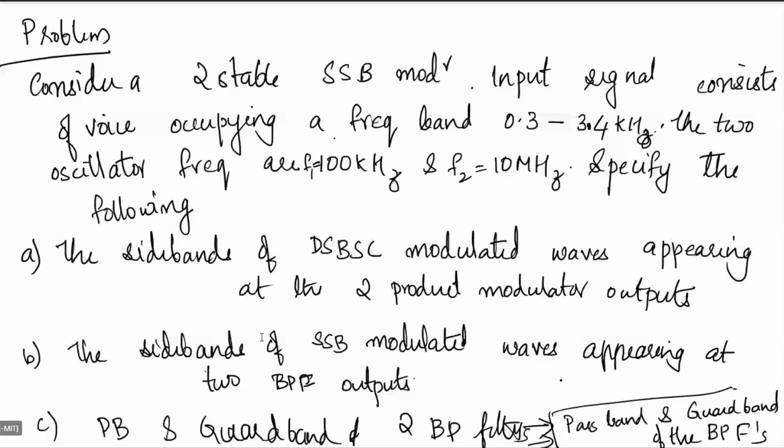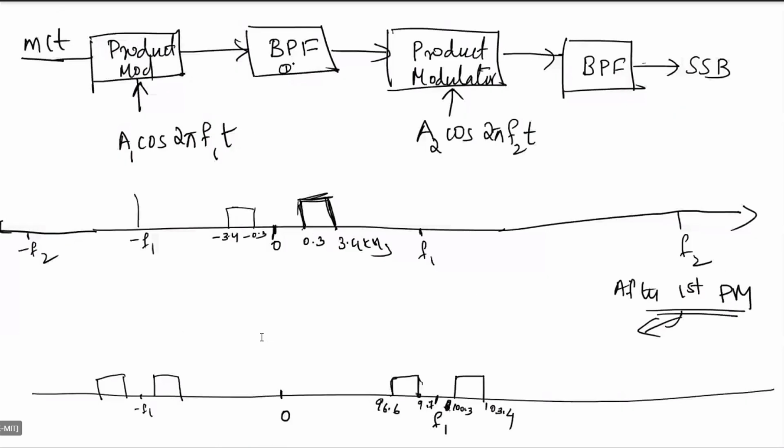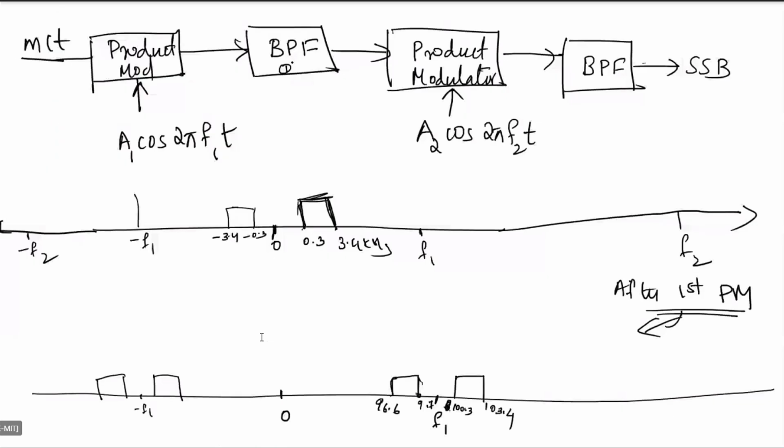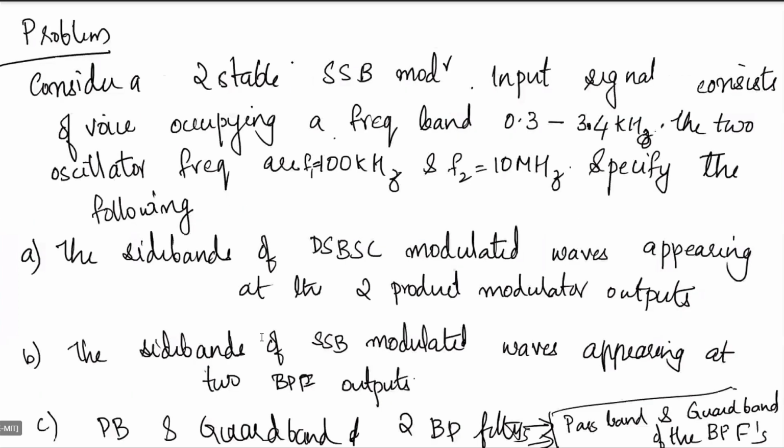So here is my first bandpass filter. So let us assume that it takes the upper sideband. Let me see whether the question specifies anything like that. But this is just the first product modulator, right? Yes, this is after the first product modulator.